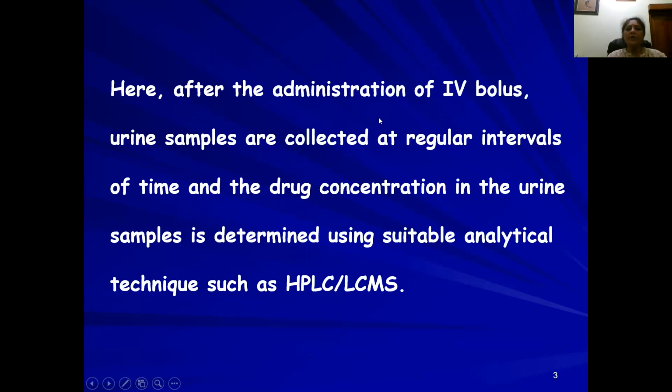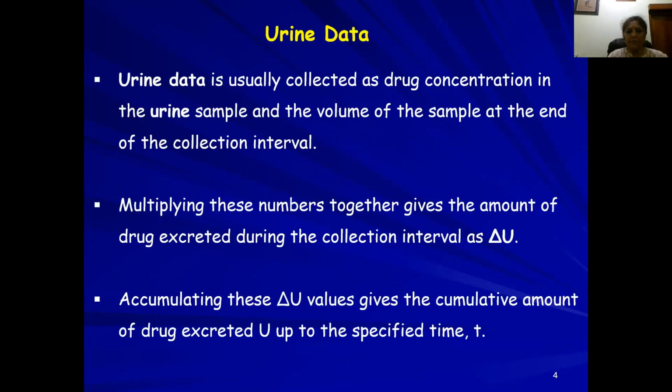Here, after the administration of IV bolus, urine samples are collected at regular intervals of time, and the drug concentration in the urine samples is determined using suitable analytical techniques such as HPLC or LCMS. Now, urine data is usually collected as drug concentration in the urine sample and the volume of the sample at the end of the collection interval.